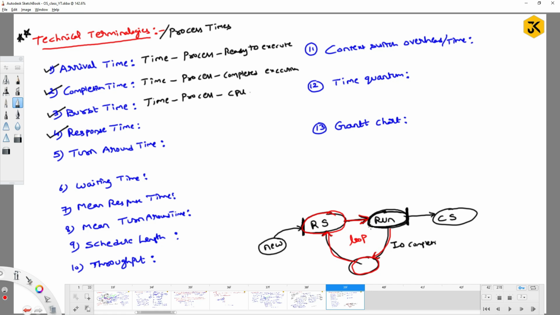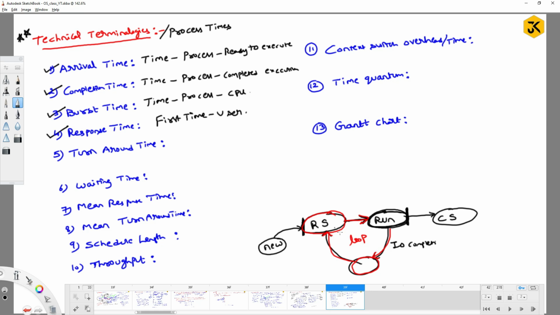There might be a chance to execute a process n number of times in the running state. But here response time means the time at which, for the first time, it is responding to the user, which we call response time.